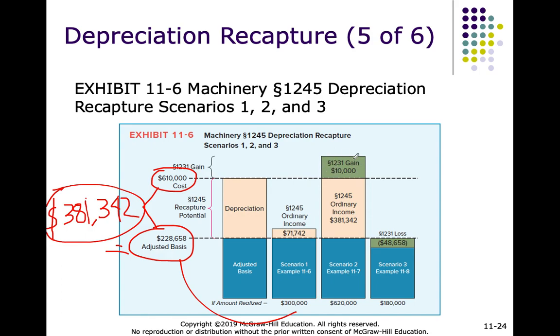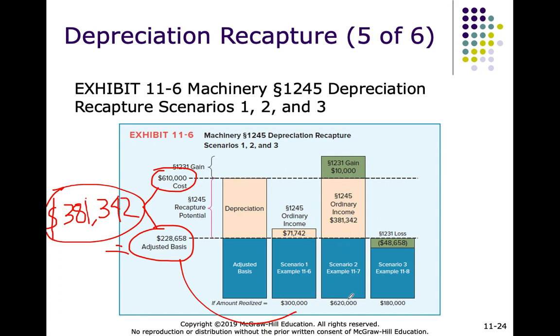Okay, so this 10,000 is subject to the preferential tax rates. The 381,342 is taxed at ordinary tax rates. All right.